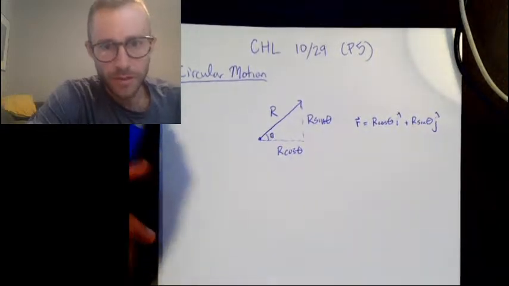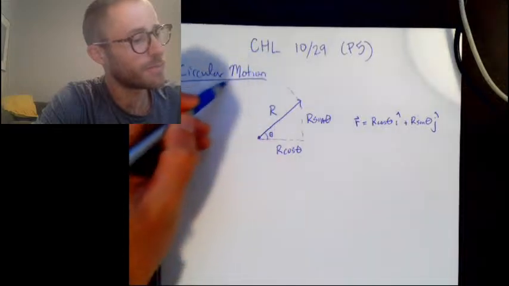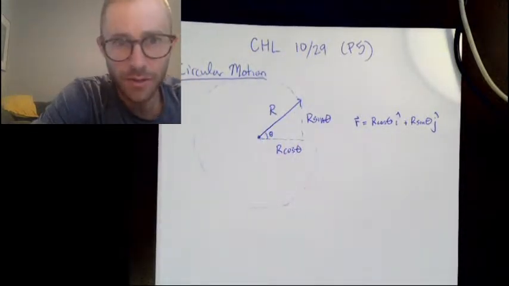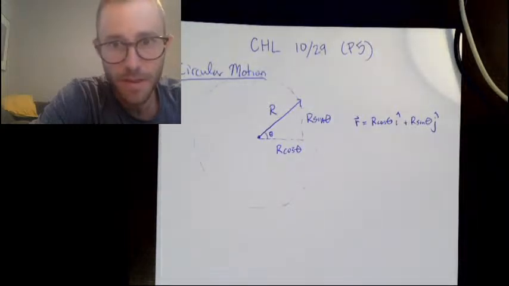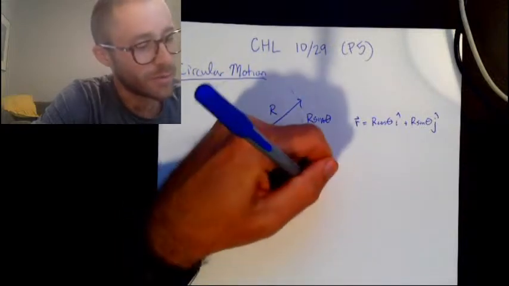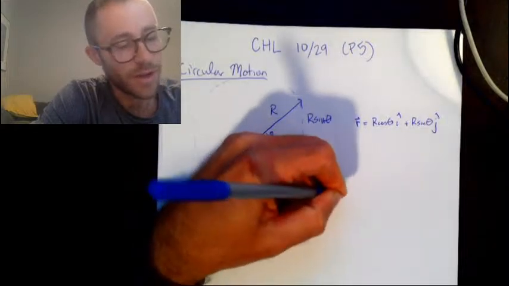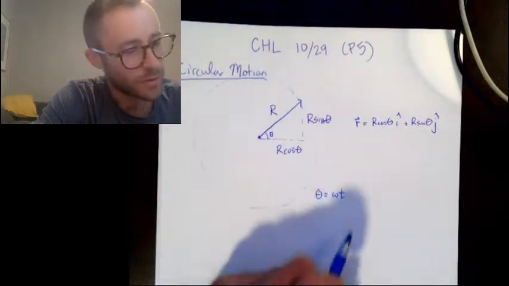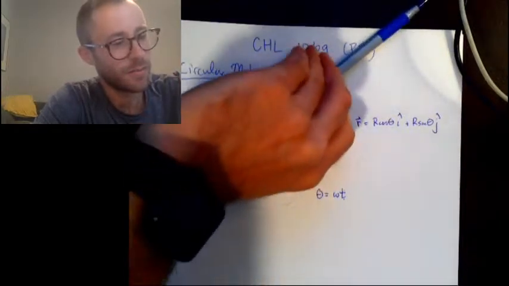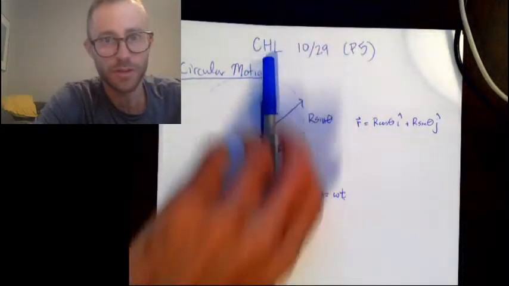Now, what does it mean to be moving in a circle? If you're moving in a circle like this, then that means that as time goes on, the angle is changing. And so we're going to say that the angle is equal to omega times time. So as time goes on, the angle gets bigger, and it's describing an object moving around in a circle.